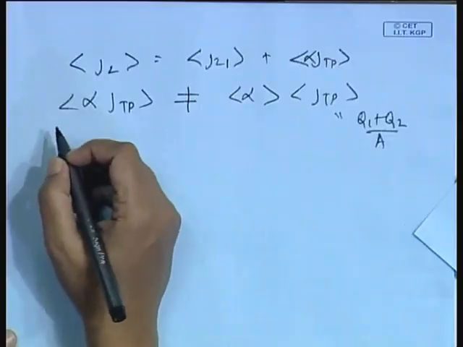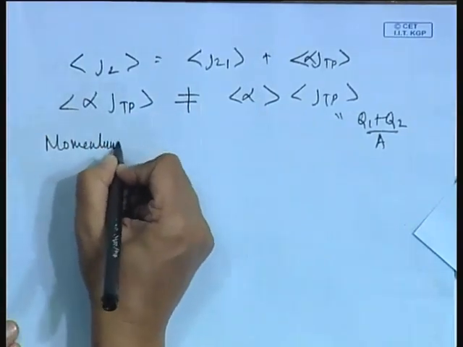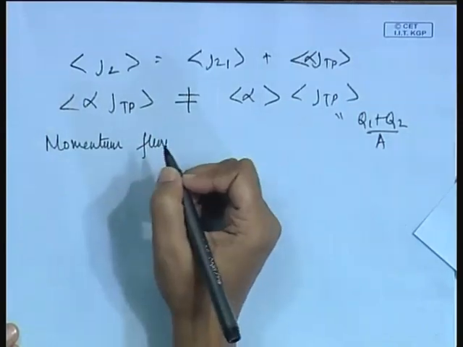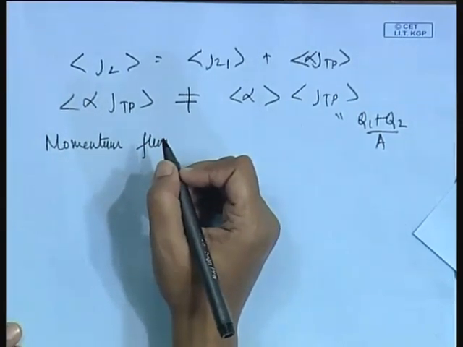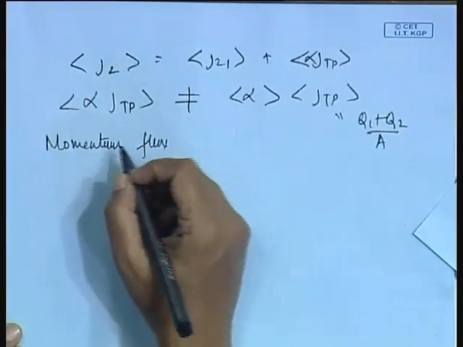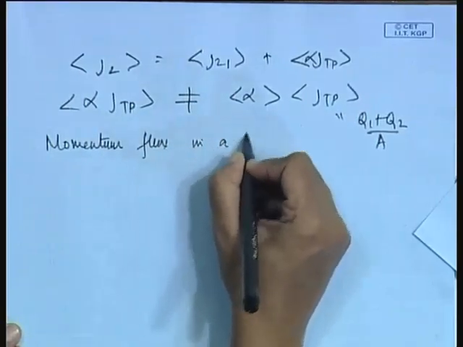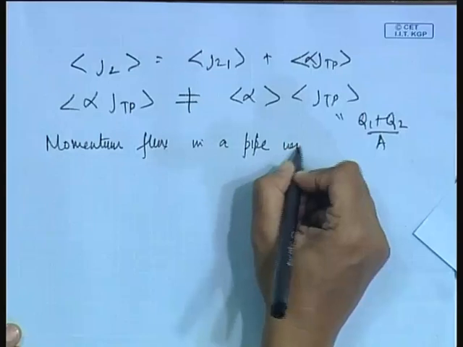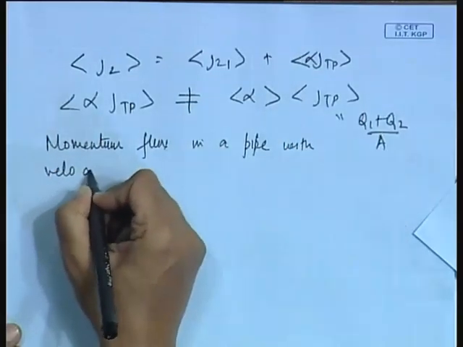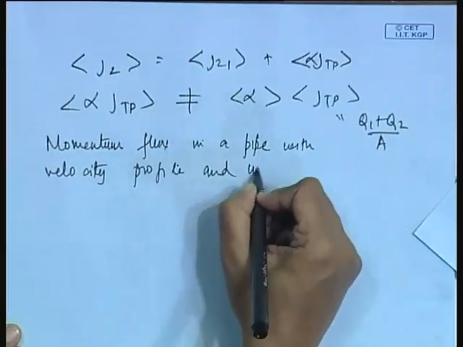Now, in single phase flows, when we considered the momentum flux, the momentum correction factor and the kinetic energy correction factors alpha, beta, what we did, just to keep the matter simple, was the momentum flux in a pipe with velocity profile and uniform density.